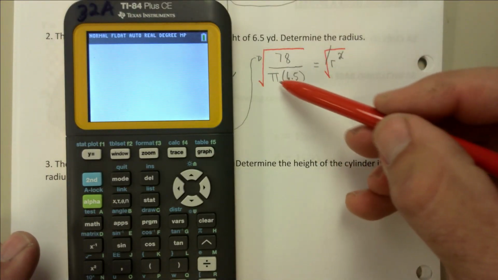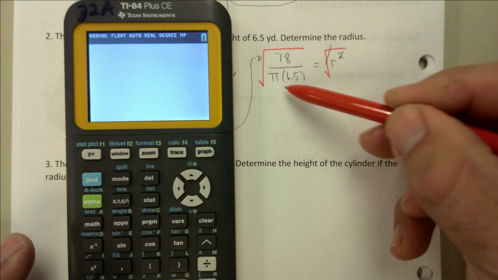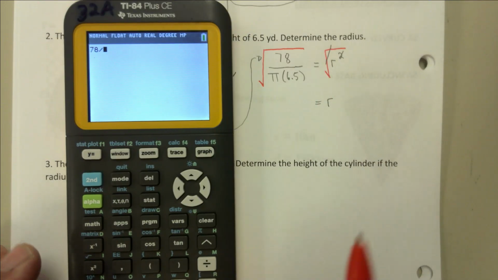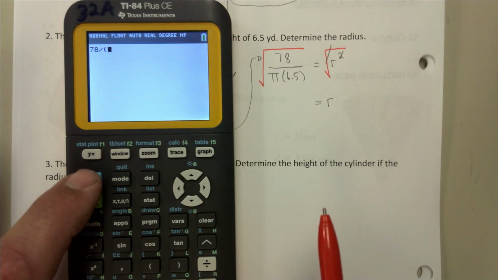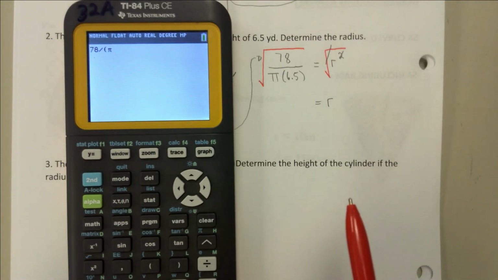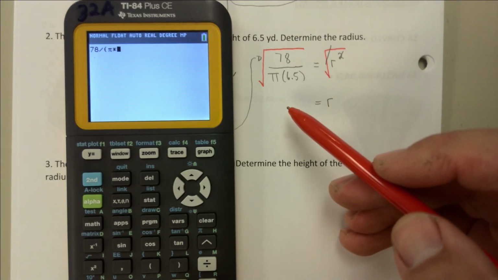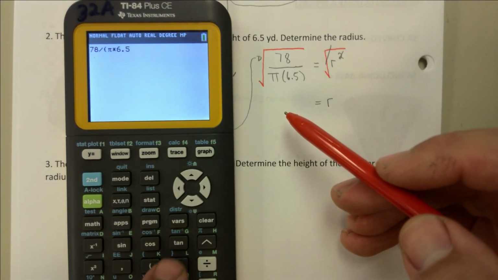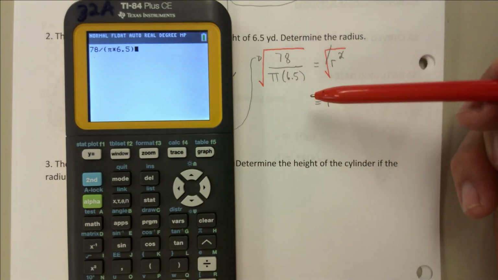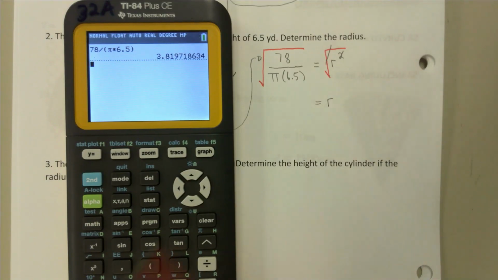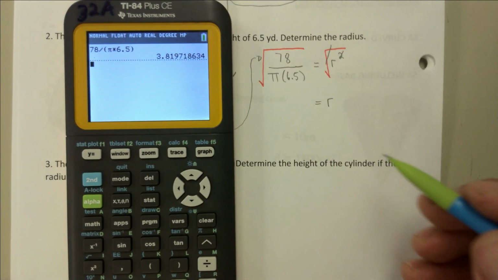I'm going to just focus first on figuring out what's in the root. So I'm going to go 78 divided by bracket. You go second hat for pi times 6.5. And then you close the bracket. So I'm just plugging in this part right here. Hit enter. You get 3.8197 something.